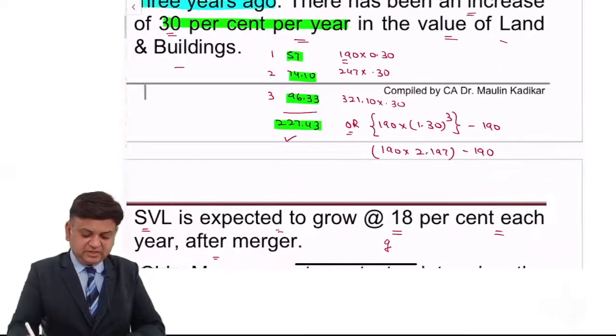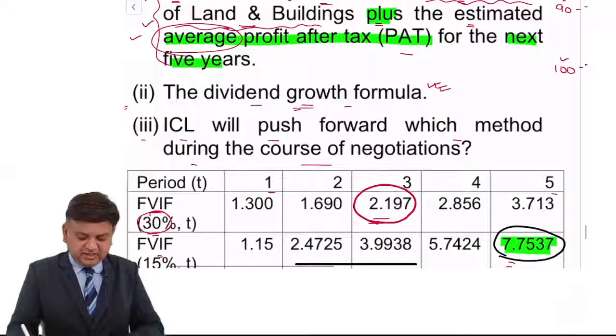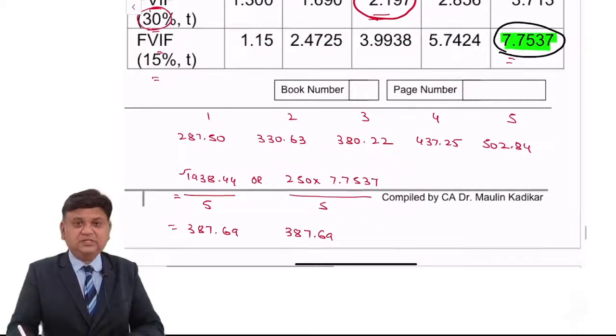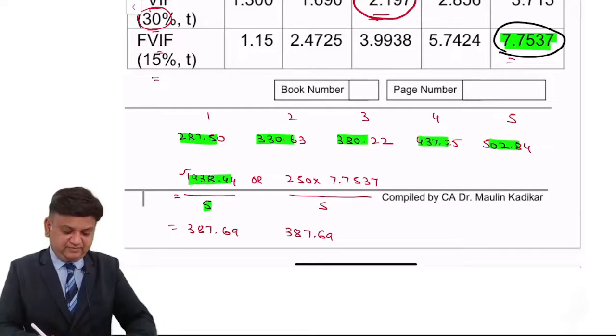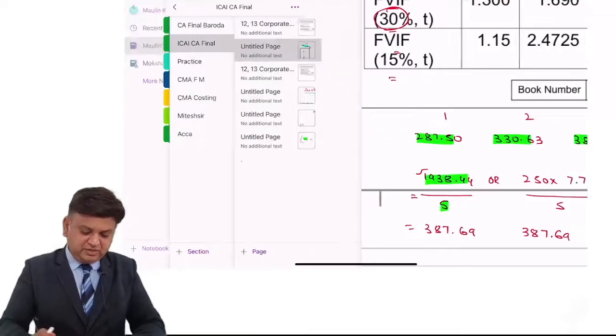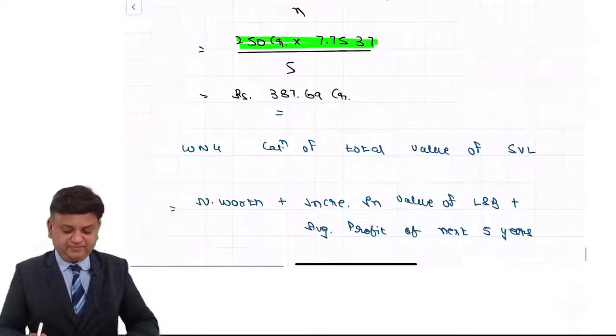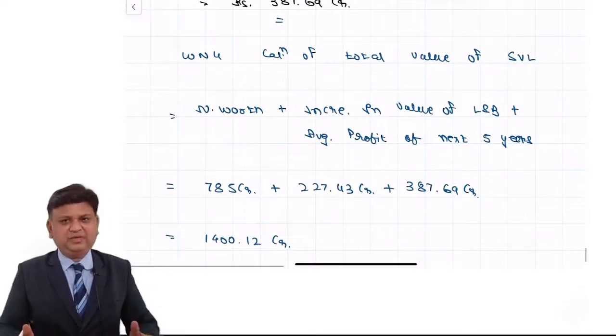Or otherwise, we can understand it in detail like this. For each individual year, you compute the profit: first year, second year, third year, fourth year, fifth year. Then you compute the total. The same is divided by the number of years, 5. Based on that, you compute the average. Then the total value is very simple.